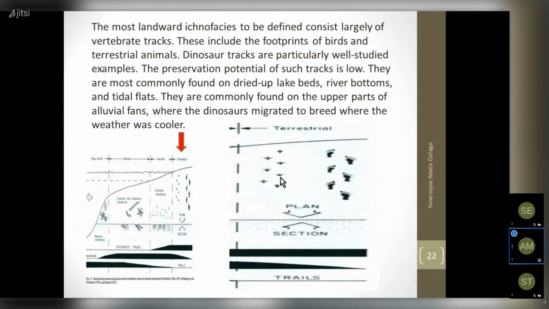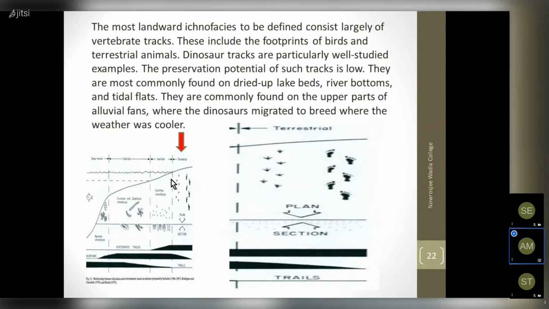They are most commonly found on dried up lake beds, river bottoms, and tidal flats, also on some upper parts of alluvial fans, where the dinosaurs migrated to breed where the weather was cooler. The first section here is the terrestrial.